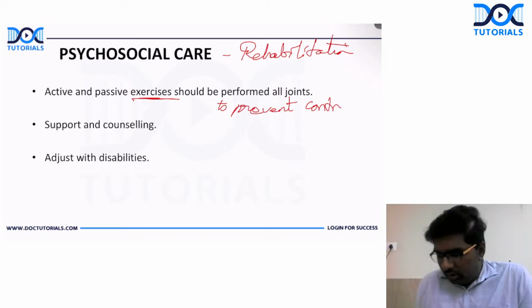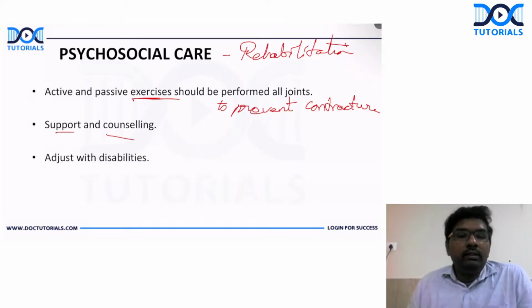And of course, you should go with psychological support and counseling for this patient and their disabilities. You have to counsel the patient to lead a life adjusting with the disability.